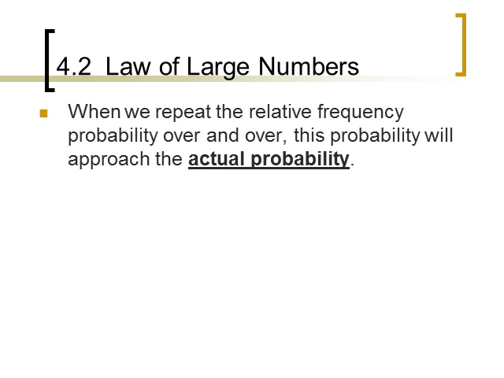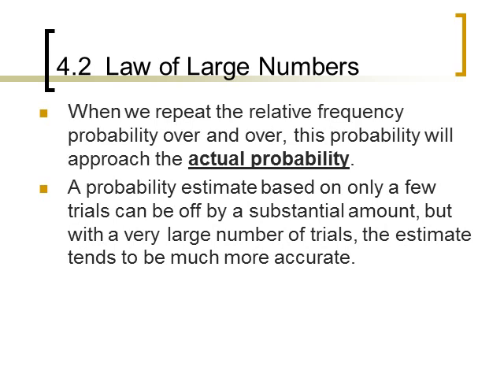But if we continue maybe 1,000 times, then over the course of that, we will finally approach the actual probability of 1/2. So a probability estimate that's based on only a few trials can be significantly off. And with a large number of trials, the estimate tends to be much more accurate.